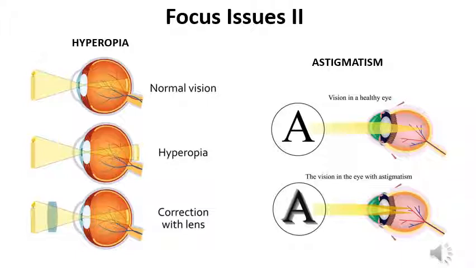And then I see a series of illustrations showing me the whole deal concerning astigmatism. Vision in an eyeball with astigmatism shows me that because of the irregular shape of the lens, that image is going to be a little off.